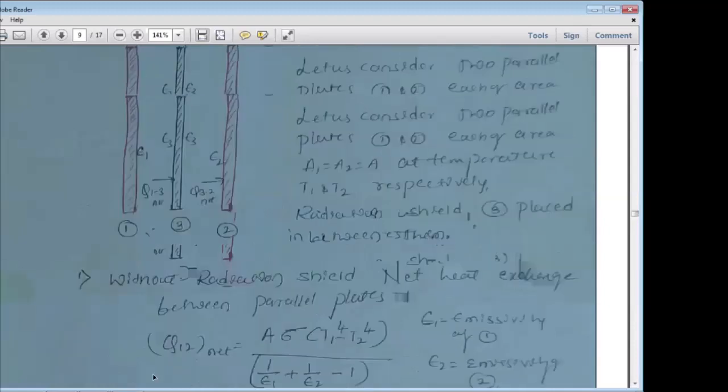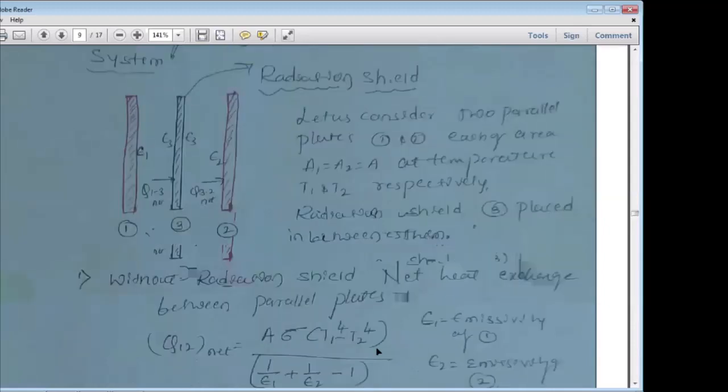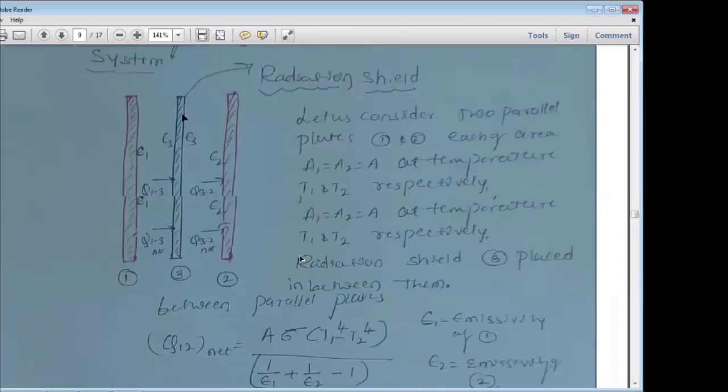Heat transfer is taking place between plates 1 and 2; the radiation shield is not there.